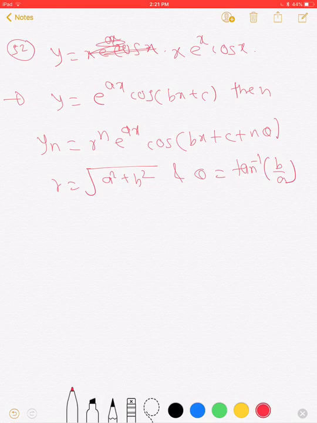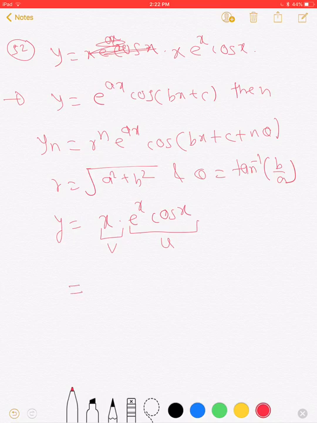So this is the formula of the nth derivative of e raised to the ax cos of (bx plus c). As the y function is given as x into e raised to the x cos of x, we are taking this function as u and this function as v.